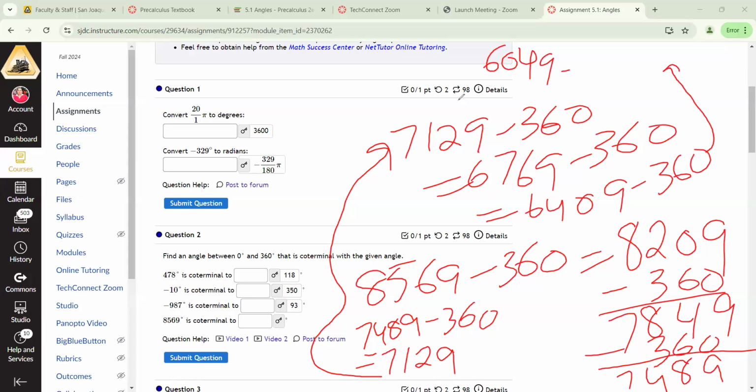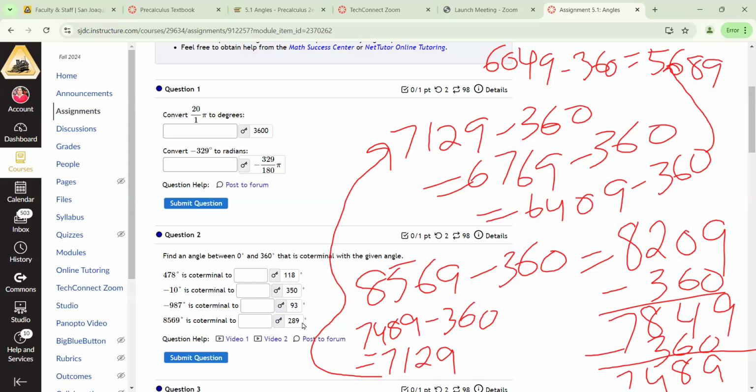Then I would minus again 360. I will reach 5,689. And I will continue that way until I reach a number between 0 and 360. So I'm leaving it right here and showing you the answer that it would be 289.